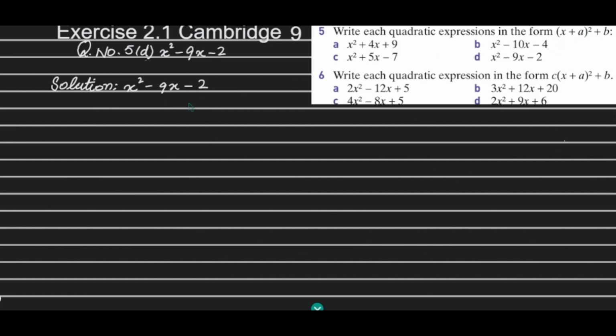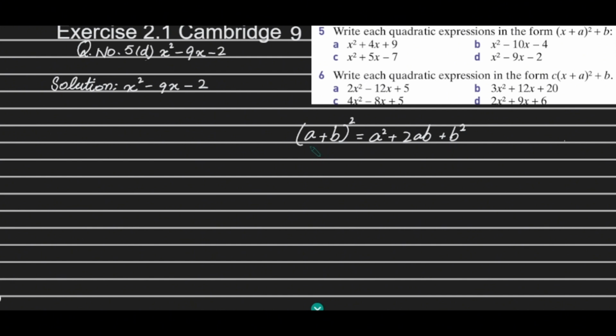We will solve it by completing the square, as we have x squared minus 9x minus 2. As we know, (a plus b) squared equals a squared plus 2ab plus b squared.